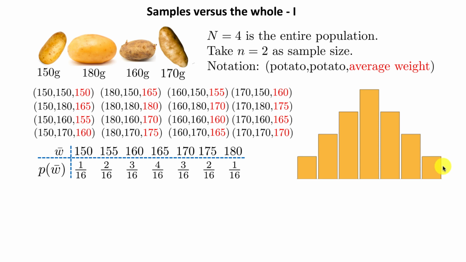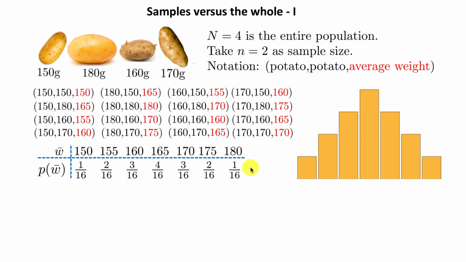But we're not going to take that seriously at this point. Now let's think of the average sample weight as being a random variable. Let's call it W. Well, that random variable can take these different values over here with these different probabilities.